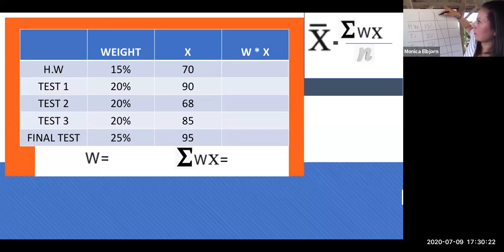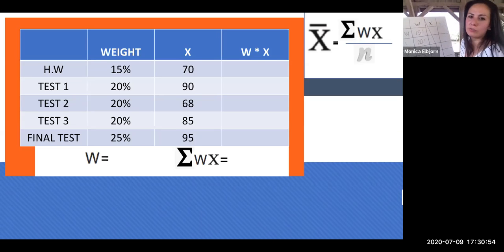Is it going to be our f, x, or what letter? I think I gave you a hint over there, because this is our weight in percent. And then this is going to be our x, or our frequency. And then this one's going to be w times x.